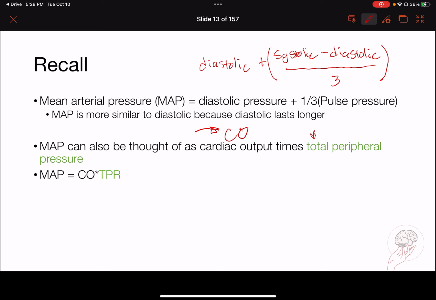So MAP is also cardiac output times total peripheral resistance. So we could also say, since this is up here that we just wrote, that cardiac output times total peripheral resistance is equal to diastolic plus pulse pressure divided by 3.